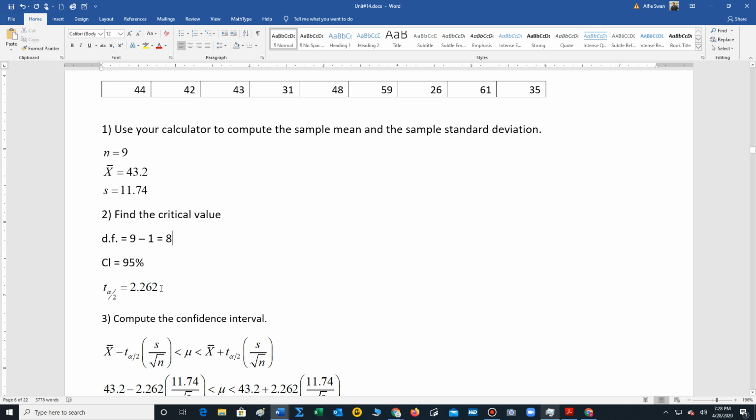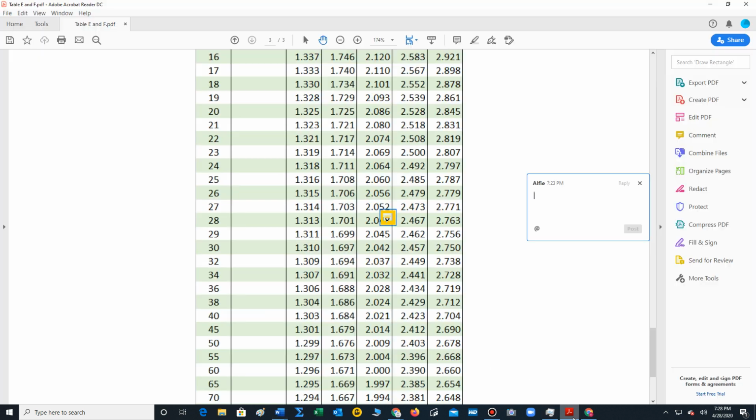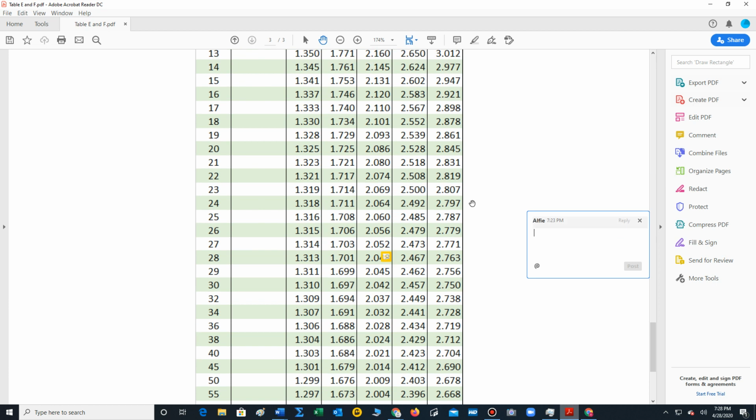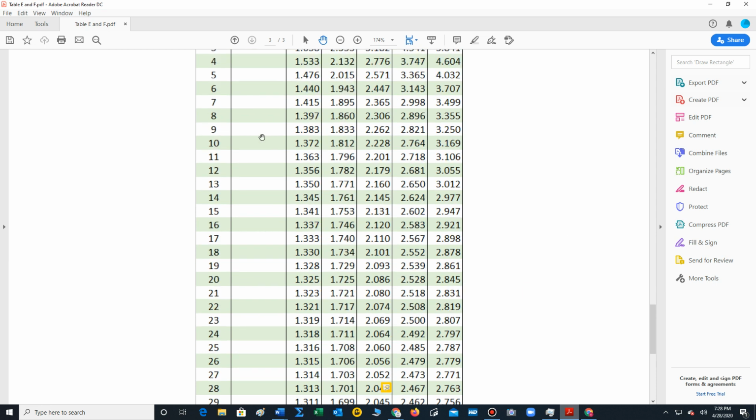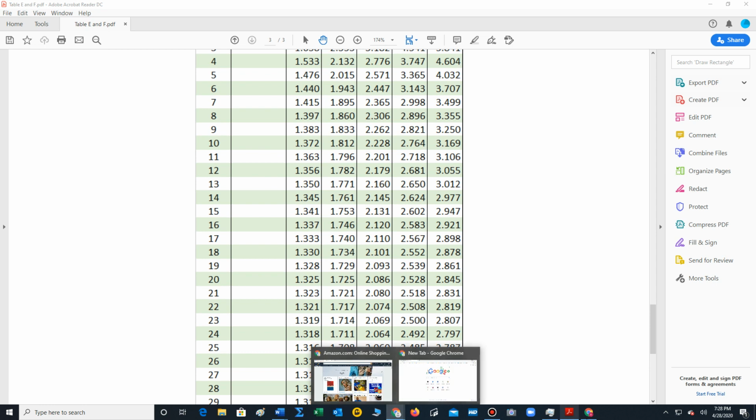Then we're going to look up our critical value in our table. So let's do that right now. We're going to go to 8, and what was the confidence level?